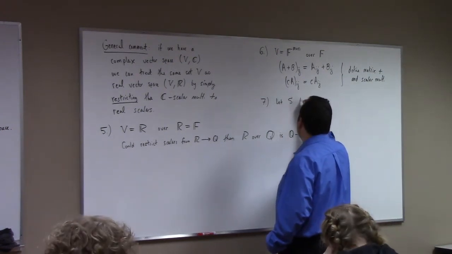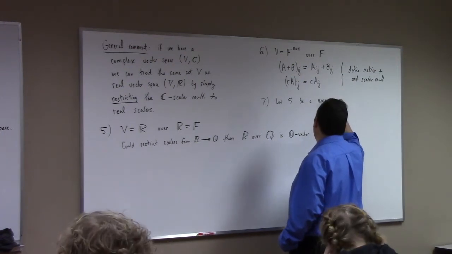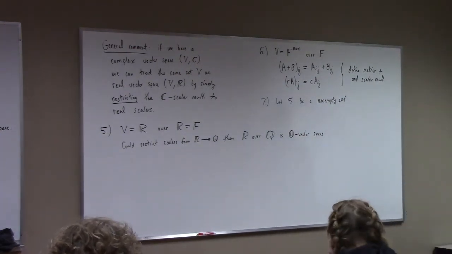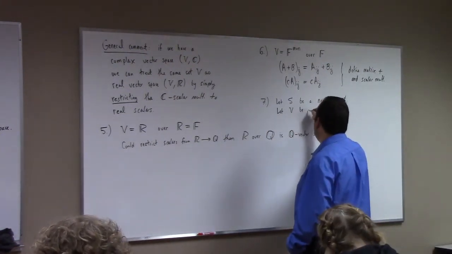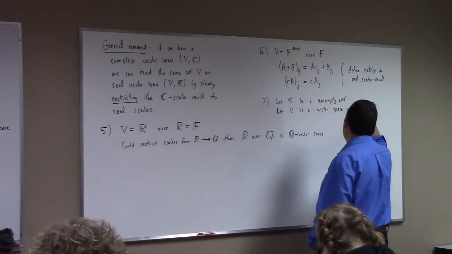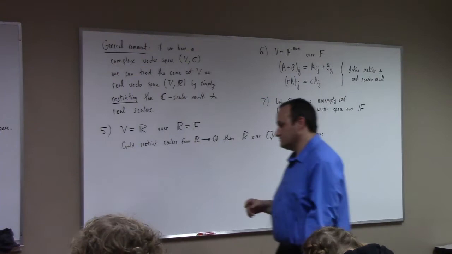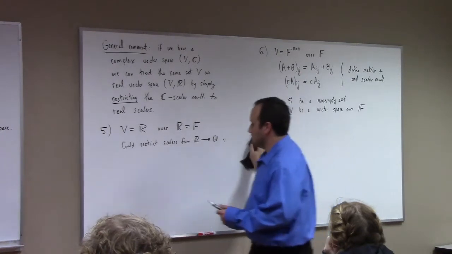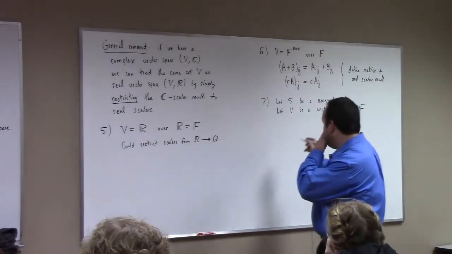Let S be a, well, let's just keep it interesting, non-empty set. Let V be a vector space over a field F. Then, here's my notation.